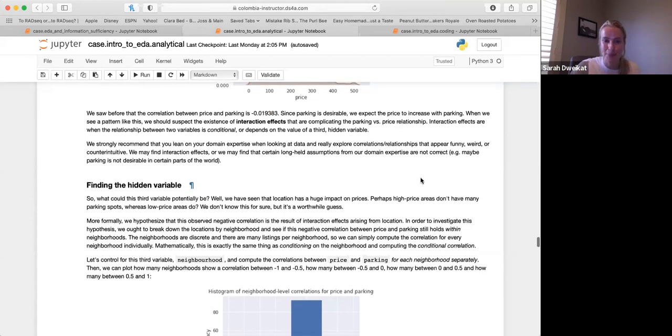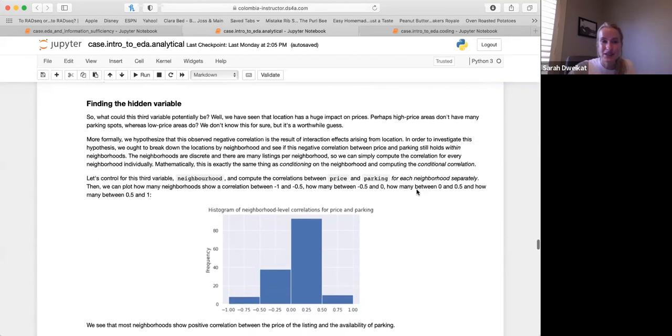So let's do that. We saw in our previous heat map, looking at price, that it seems to be location based, right? Price and location seem to be corresponding. So that means we might also want to look at parking in terms of location specific. We might want to break it down into neighborhoods. So maybe it is really location that's very important. It's that hidden variable.